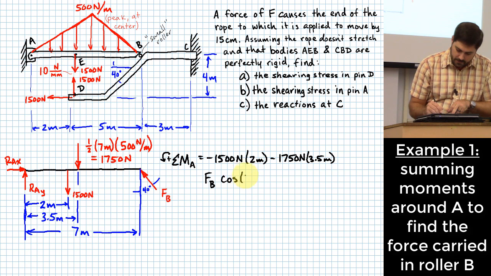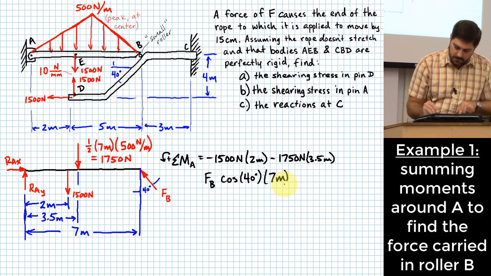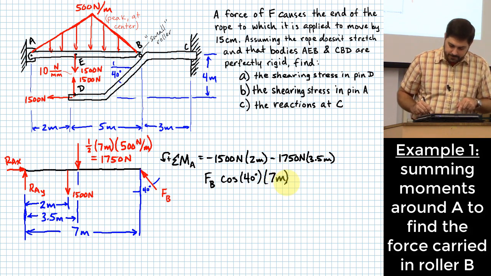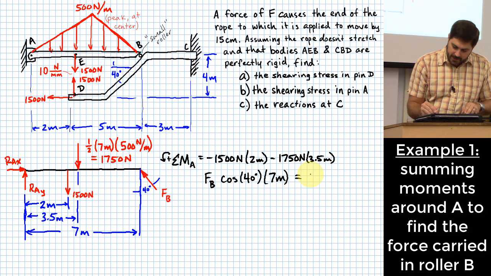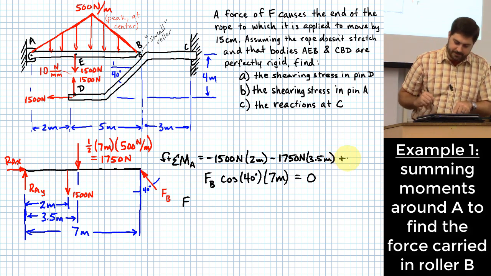Cosine 40 degrees, and multiply that by 7 meters. Okay? And that's pretty much everything. So I can very quickly get F sub B. Yes, thank you. Someone said I've got a plus sign that I should have put right here.